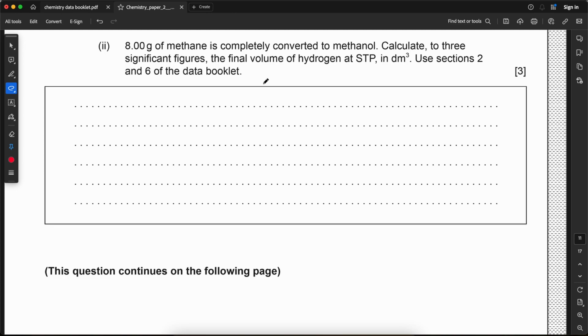8 grams of methane is completely converted to methanol. Calculate to 3 significant figures the final volume of hydrogen at STP. Use section 2 and 6 of the data booklet. So for methane, mass is known. You can definitely calculate mole: divided by 16.05, which is the molar mass of methane. You get 0.498 mole.